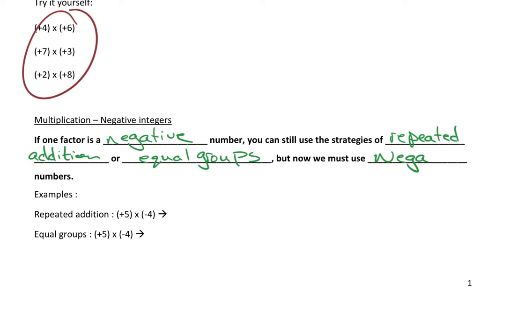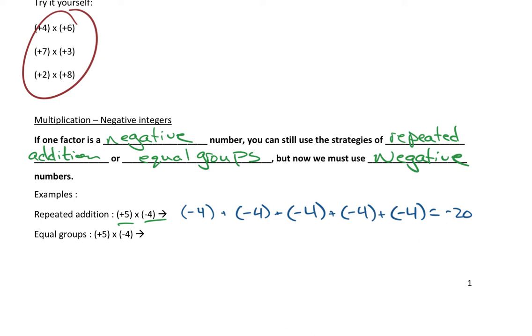So we can do the same thing. This time it means 5 groups of negative 4. So we would go negative 4, and we're going to maintain our brackets all the way throughout. And that gives me negative 20 if I were to add that all together.